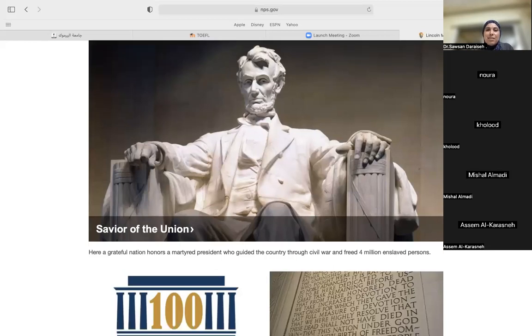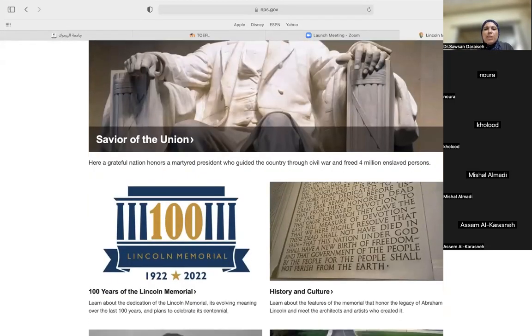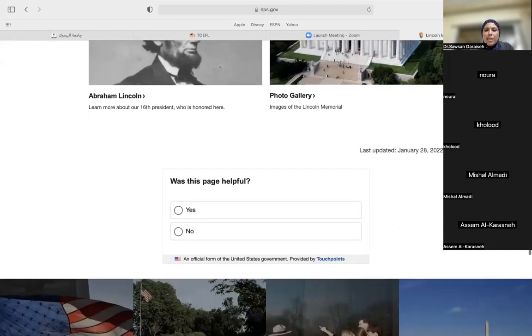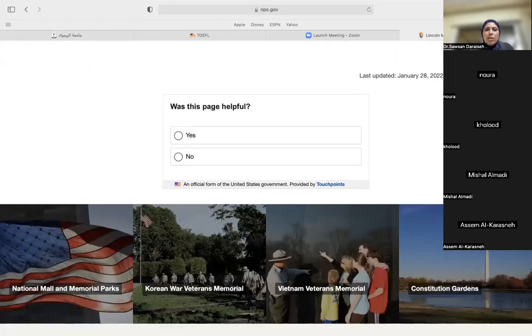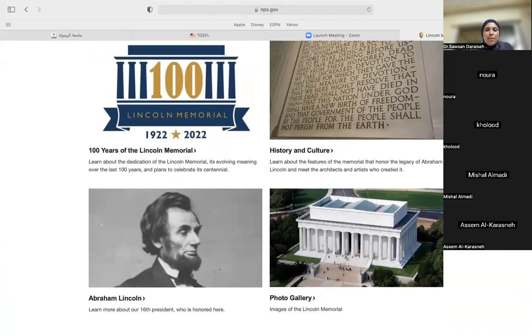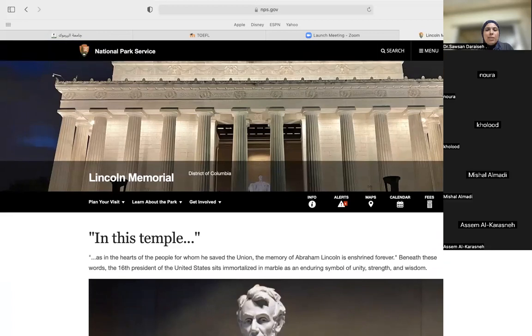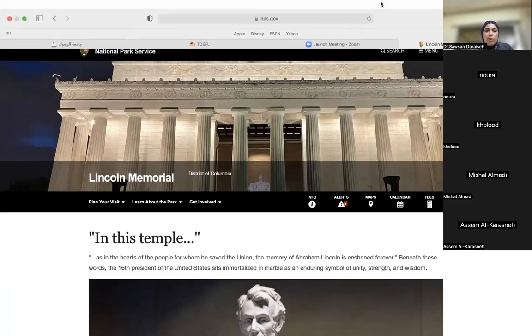Slavery. And the Civil War started between the North states and the South states. Do you know why the Civil War started in America? The people of the South wanted slavery to continue because they depended a lot on agriculture, and they wanted free labor.